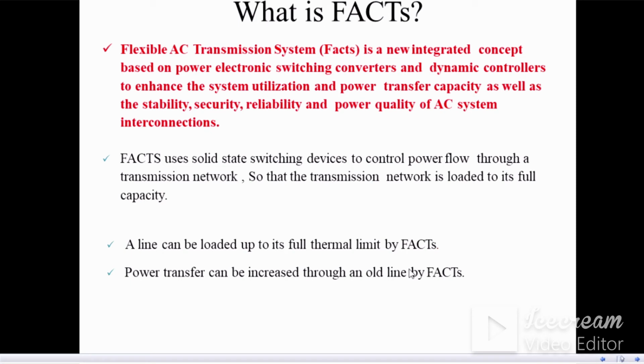There is no need of extra installation of conductors, insulators and any other mechanical equipment for transferring or enhancing the power transfer capability. So using the same old line, we can increase the power transfer by using the FACTS devices. This makes the system quite economically feasible.